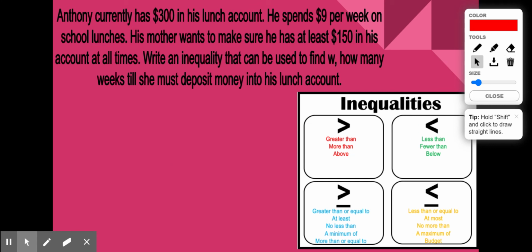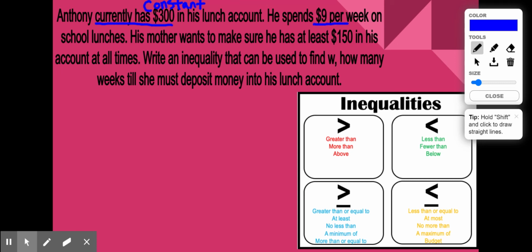So our next example. Let's get blue. Anthony currently has $300 in his lunch account. Well, we already have $300, so that's our beginning, our constant. He spends $9 per week on school lunches.